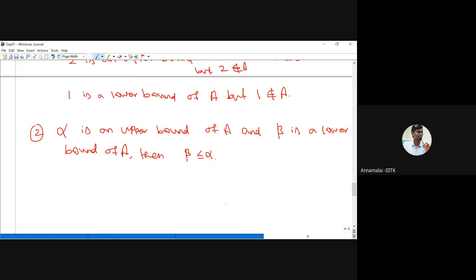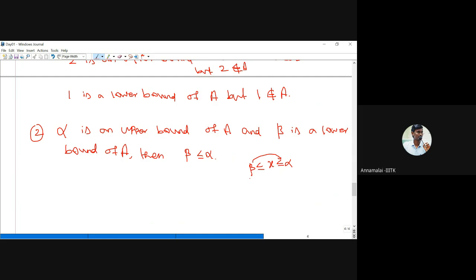Okay, this is simple, right? Because since alpha is an upper bound, that means every element of A should be less than or equal to alpha. Since beta is a lower bound, everything should be bigger than or equal to beta. Therefore, we get beta is less than or equal to alpha.